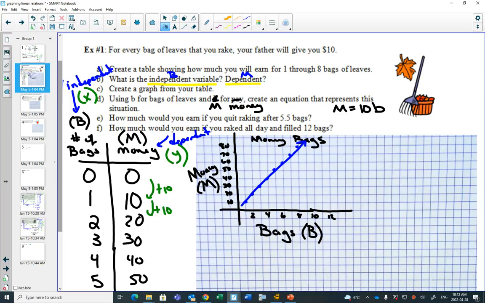How much would you earn if you did 5.5 bags? Now that we have the formula, we can plug in 5.5 for the bags. And what's 10 times 5.5? You would make $55.